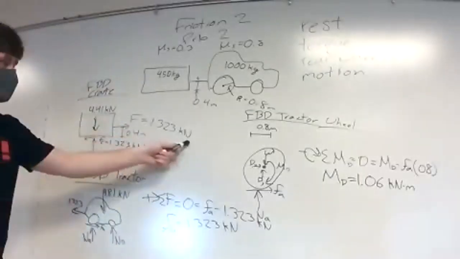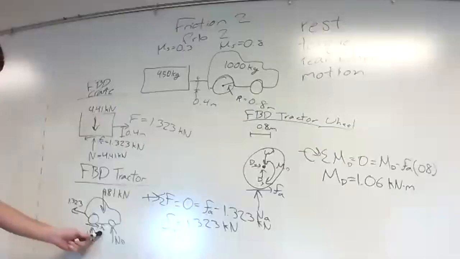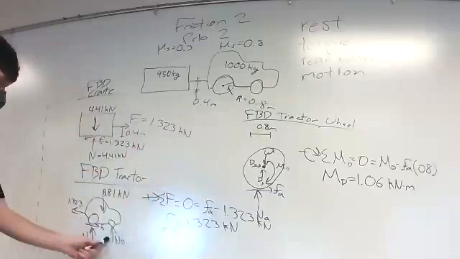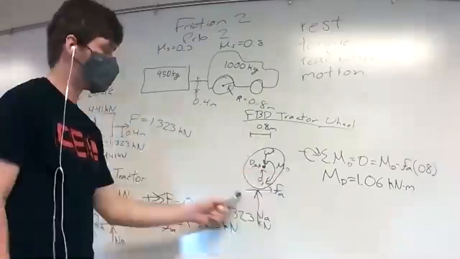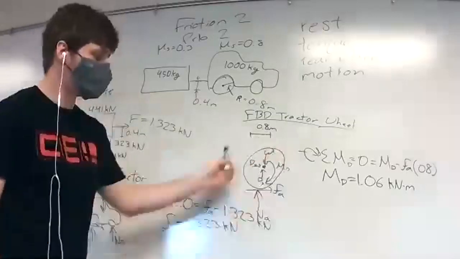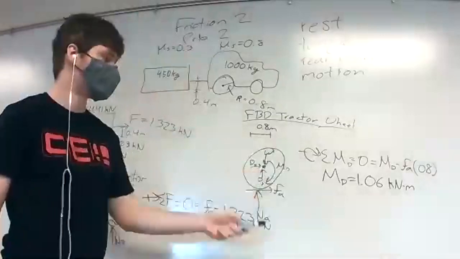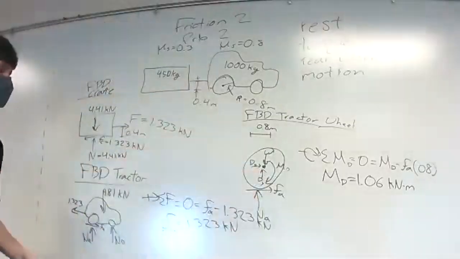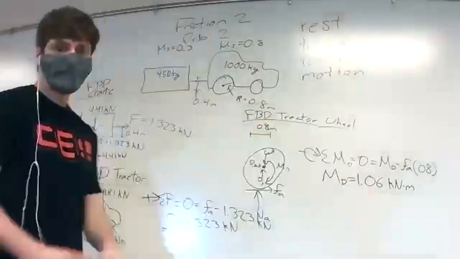And then we took that force value and transferred it to the back of the tractor, and therefore to the friction on the back wheel through this equation, showing that this same force carries over. And then we took that force into the free body diagram of the wheel itself and found the moment needed at the center of the wheel to cause this force. And that moment that you found is the torque that you're looking for.